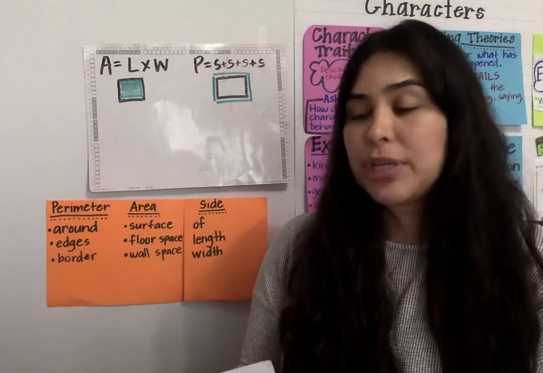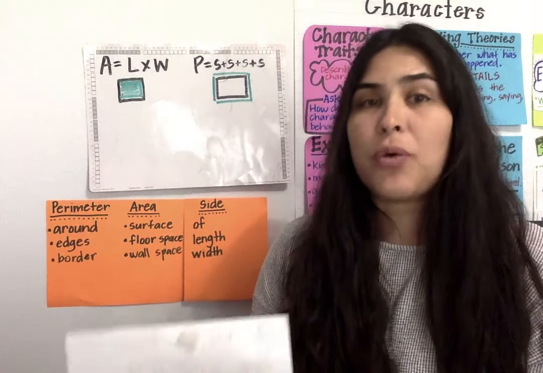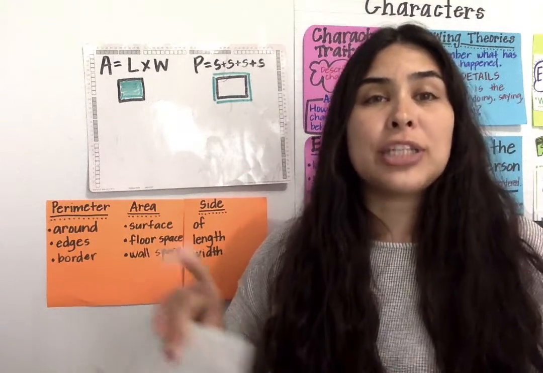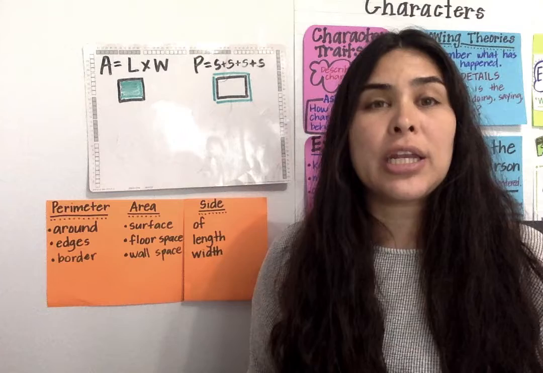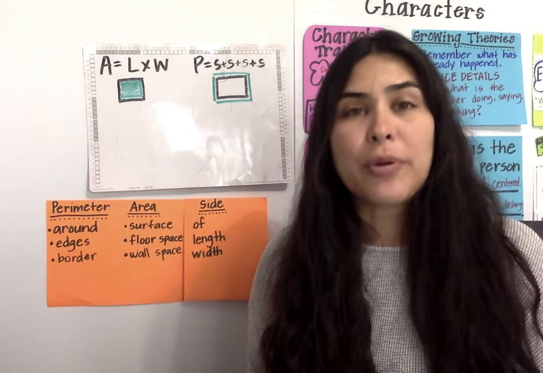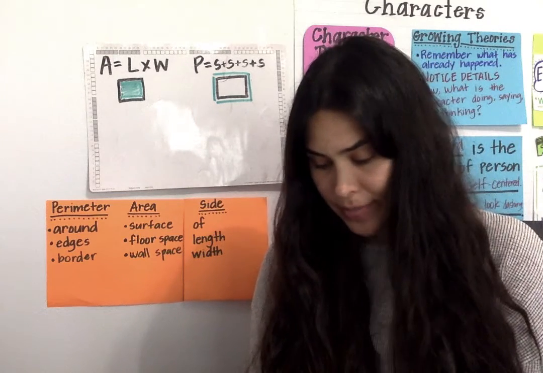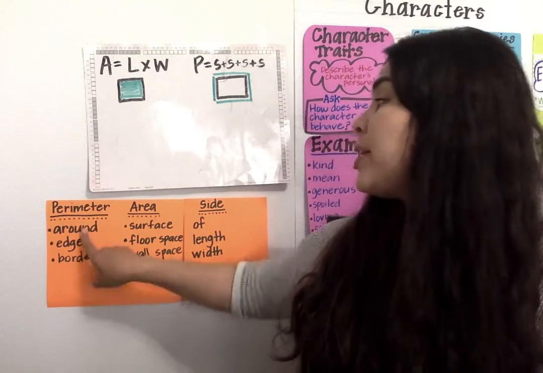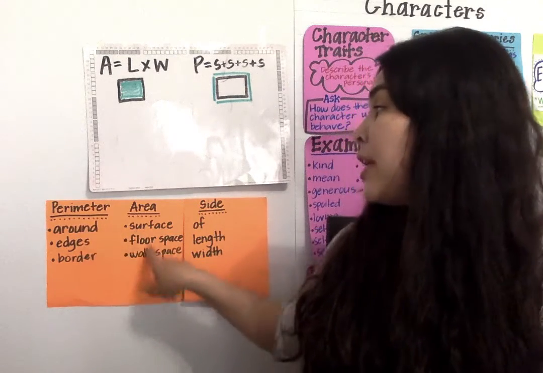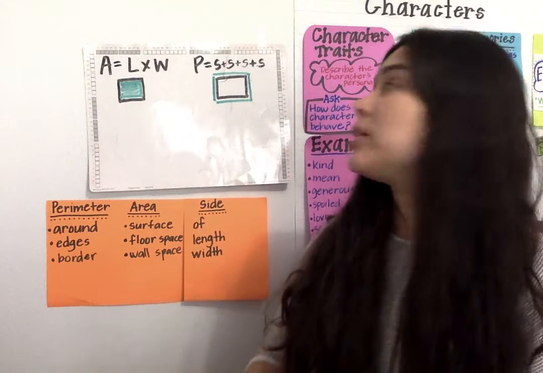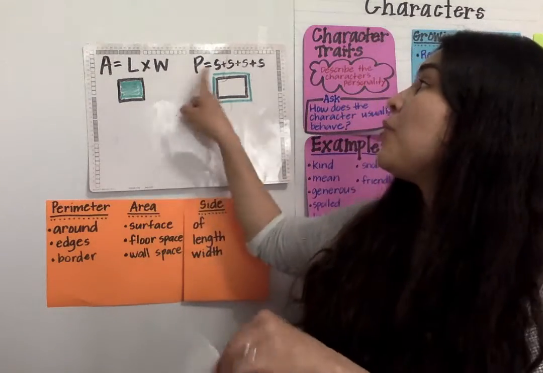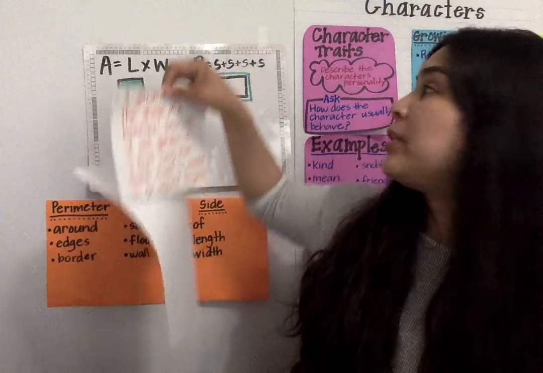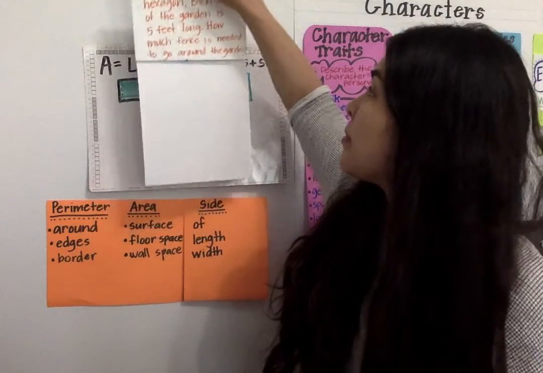I'm going to read each sentence again one by one, and as I read each sentence, I'm going to draw, okay? And I'm also thinking, which words do I hear? Do I hear any of these words that can give me a clue to which formula I'm going to use?